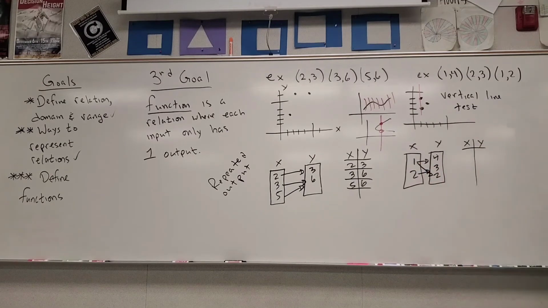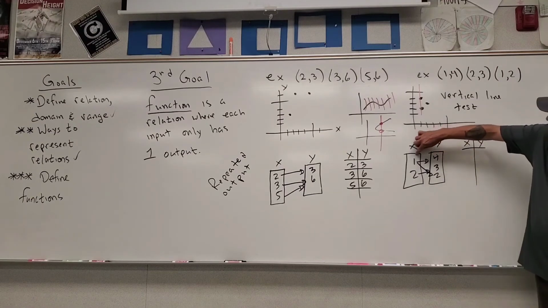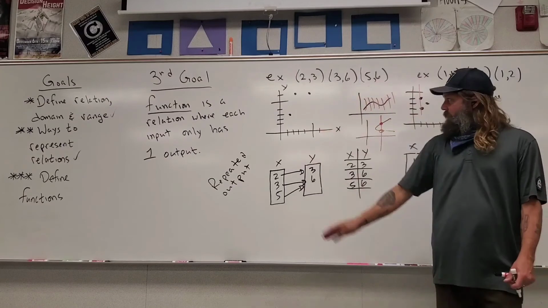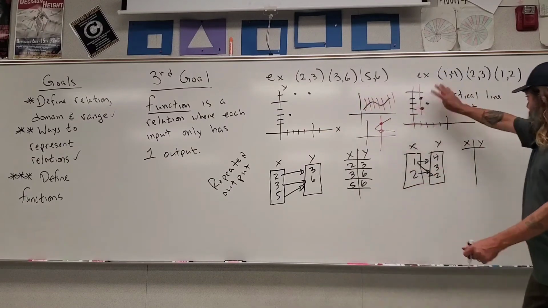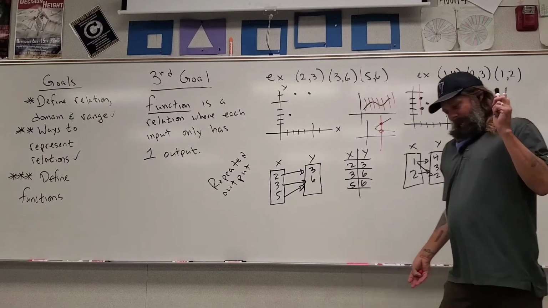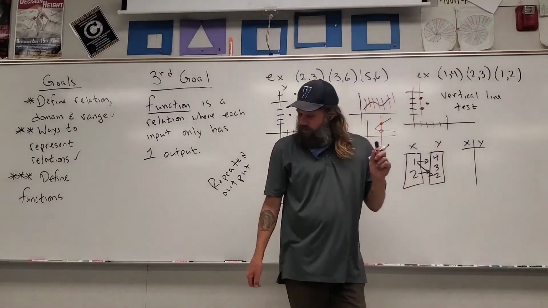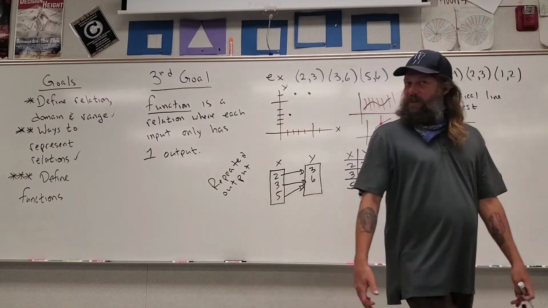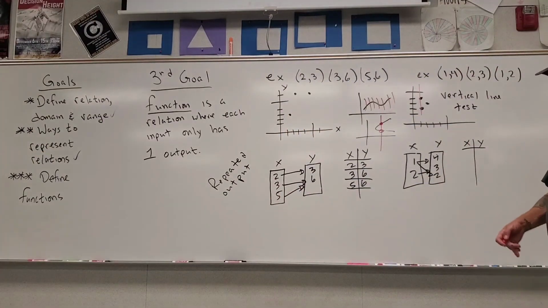Kind of a jumbled mess, but you can see that the input 1 has two outputs, and therefore, again, it fails the definition of a function. This is a relation, right? All functions are relations, but not all relations are functions. I had to think about when I said that because I often trip myself up on that.